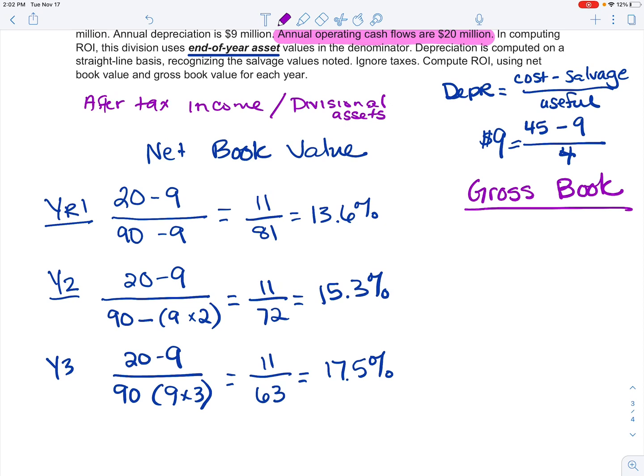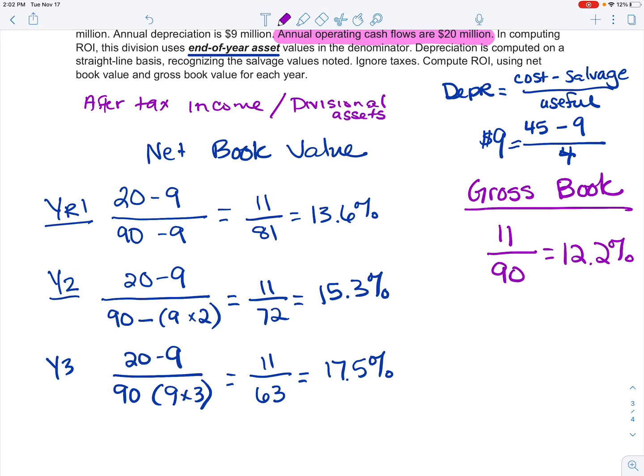So I know that my after-tax income is $11 million. That doesn't change. My divisional assets are 90, which means my return on investment is 12.2%. That's going to be the same every year because I'm not taking into account that depreciation.